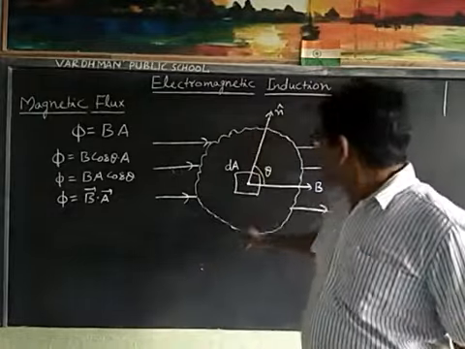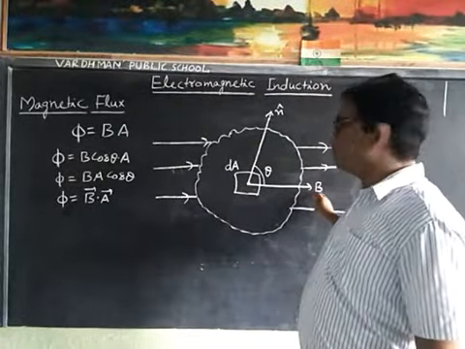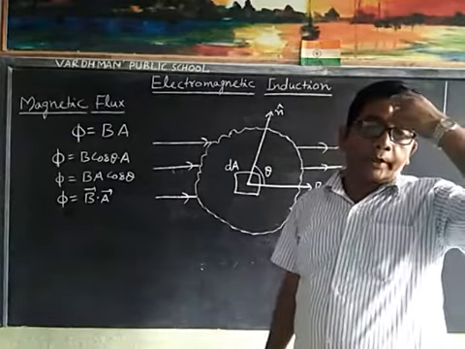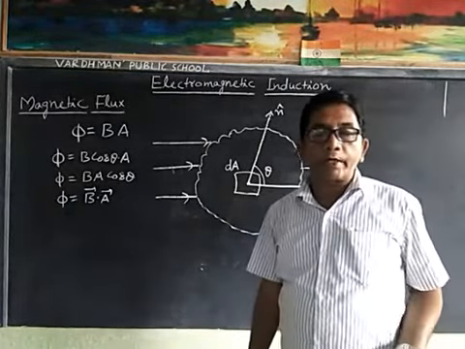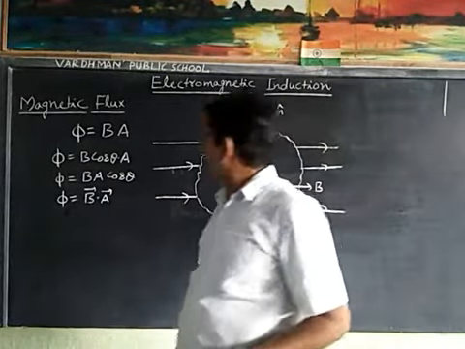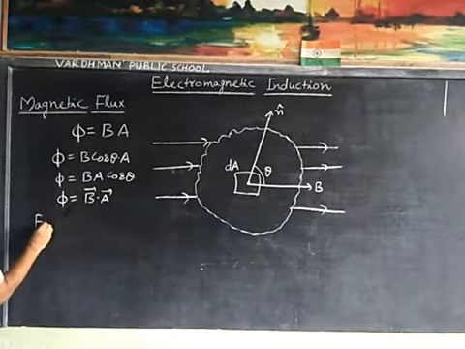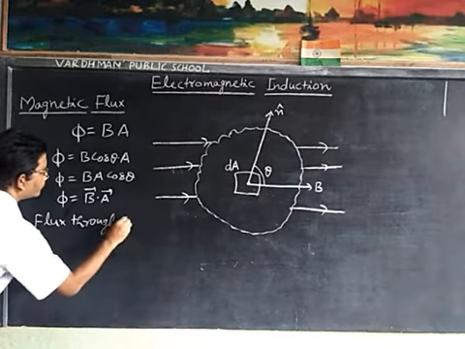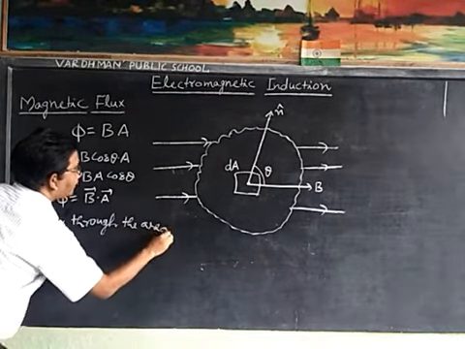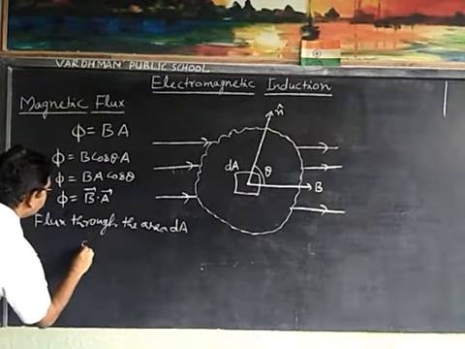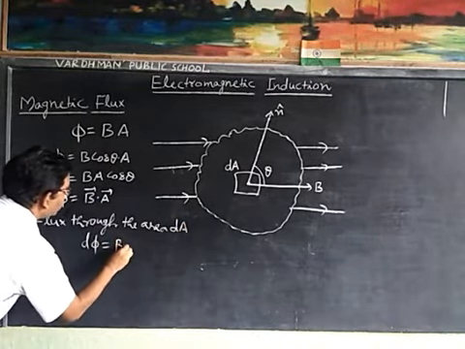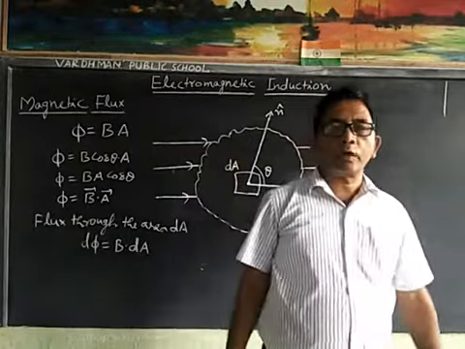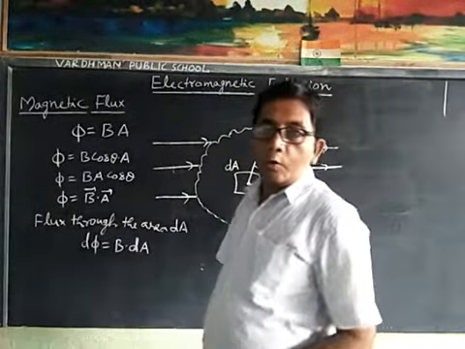If theta is the angle between magnetic field B and the normal drawn to the area element dA, then the flux through the area dA, that is d phi, is equal to B dot dA. Then the flux through the whole area A.